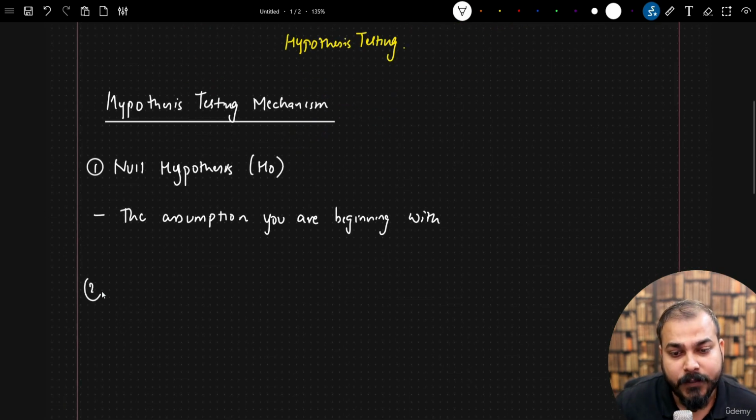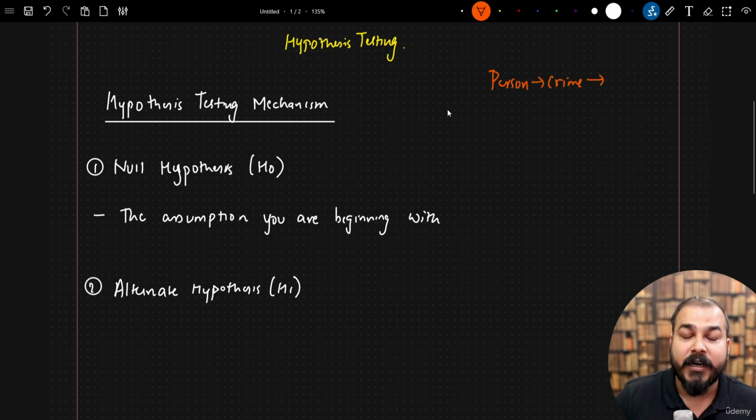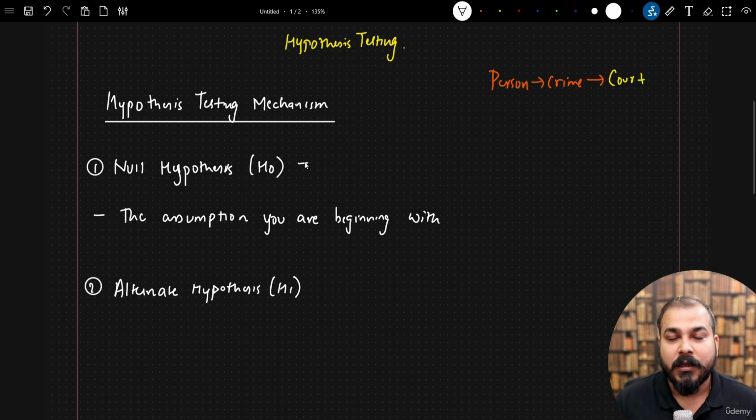The second step is to write our alternate hypothesis. In the case of the alternate hypothesis, we use H1. Let me give you a very good example. Let's say a person has committed a crime. Whether this person has committed a crime or not, what the police do is take them to court. When they take them to court, initially the judge will say that he is not guilty until proved.